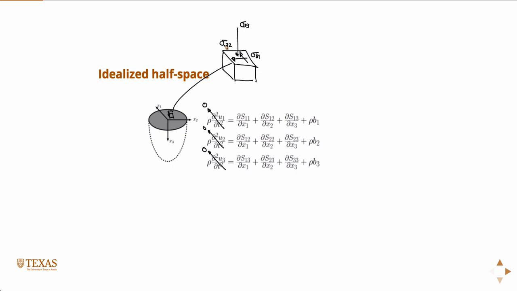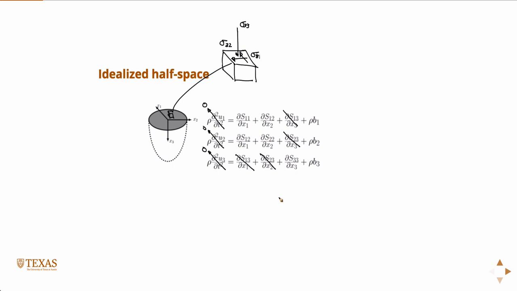And of course, due to angular momentum, we decided in a previous lecture that sigma 3.1 is the same as sigma 1.3, and sigma 3.2 is the same as sigma 2.3. So all of those terms disappear.